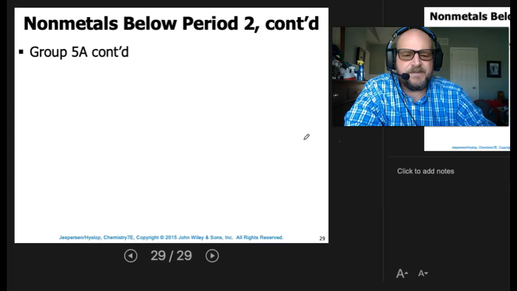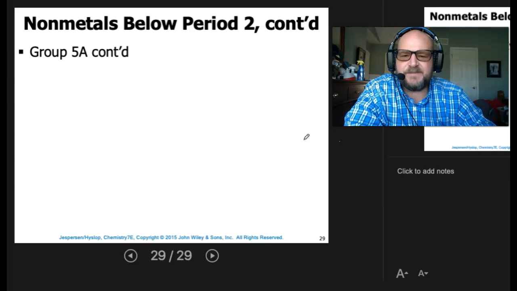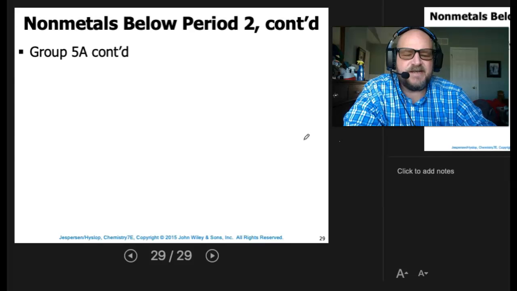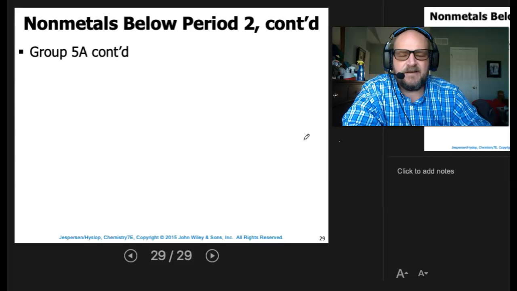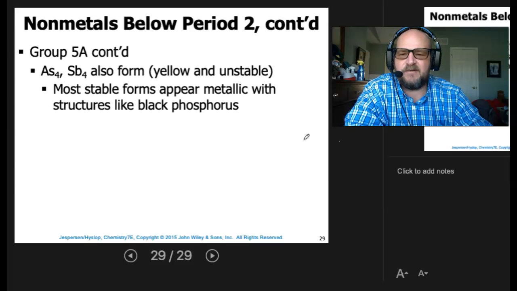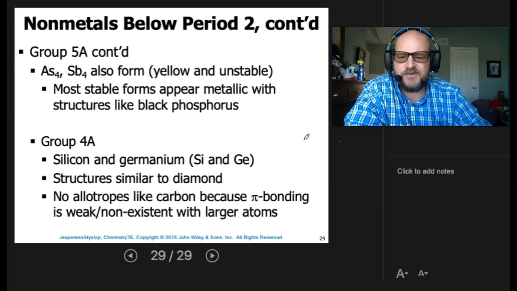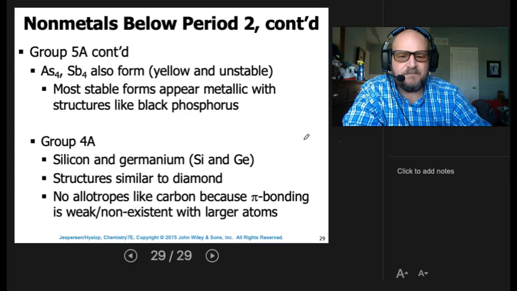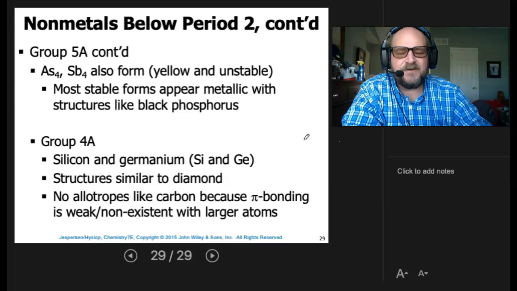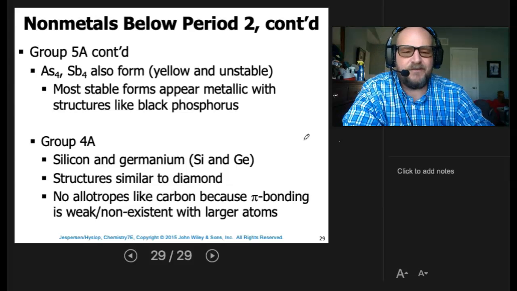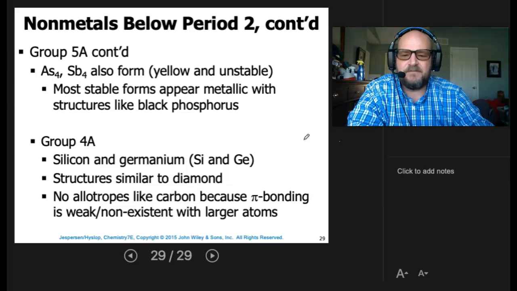If I have questions about allotropes on there that get specific, I will give you most of the details and ask you to use MO theory or valence bond theory or something like that to explain why we're seeing the differences in these allotropes. I would never expect you to be able to tell me all the differences. I would expect you to be able to explain them to me.